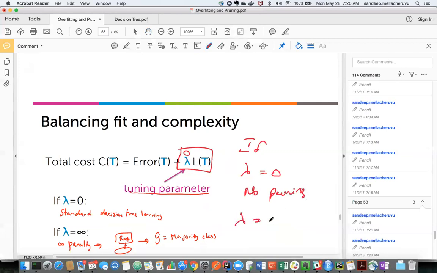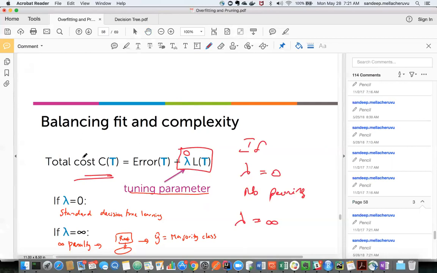If lambda is too high a value, let's say it is infinity, your cost cannot always be infinity. Your cost cannot be too large. So because of that, the number of leaves in the tree will become 0 to offset that. Are you clear or not?